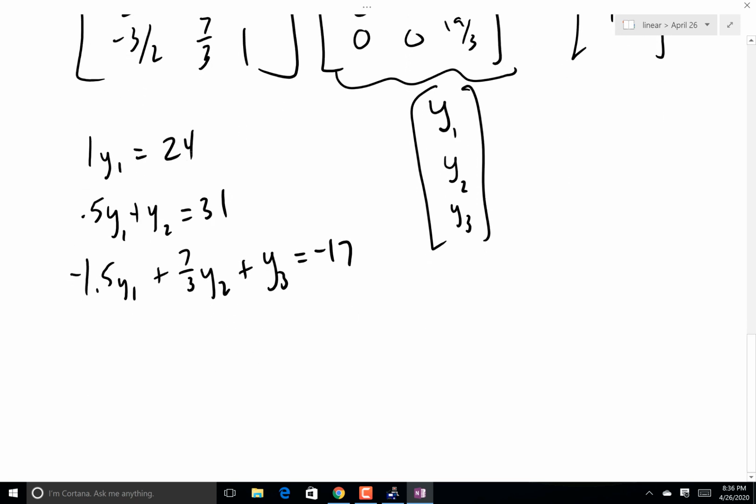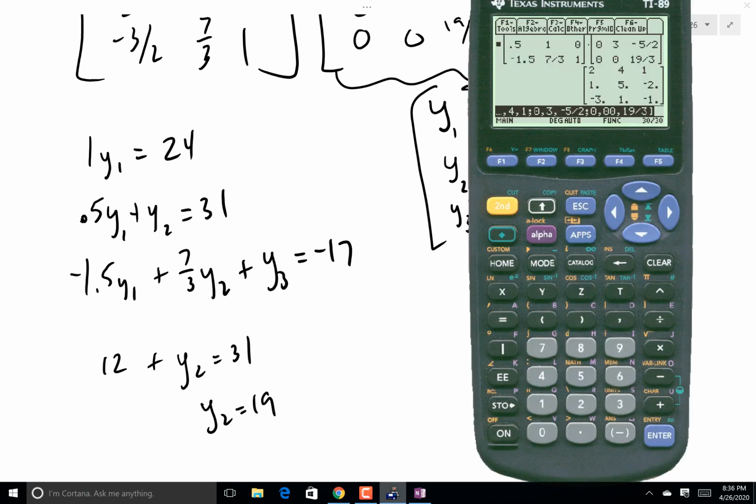So clearly y1 is 24. Plug that in here, you're going to get 12 plus something equals 31. Well, I think something is 19. And then I need a calculator because I'm kind of lazy. So negative 1.5 times 24, sorry. I still screwed up. Plus 7/3 times 19 plus y3 equals negative 17.